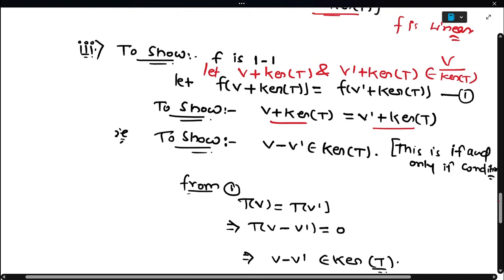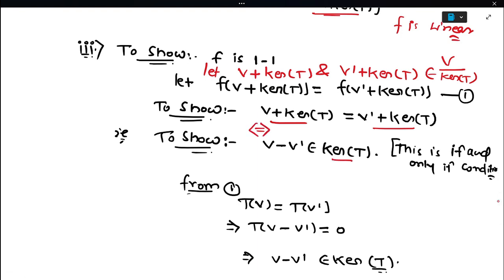We need to show v minus v' belongs to kernel of T, because this is an if and only if condition.